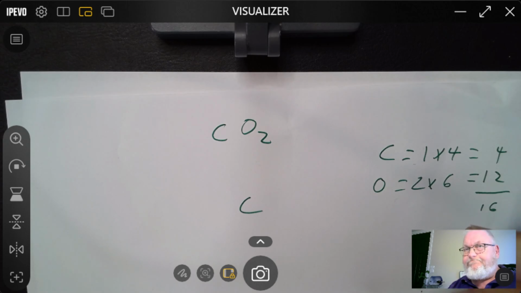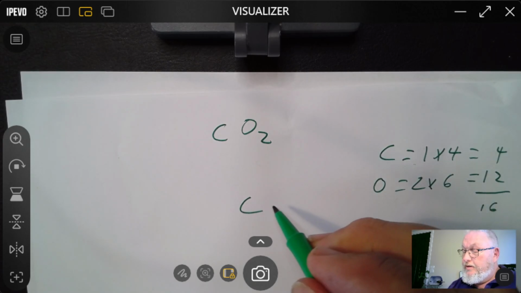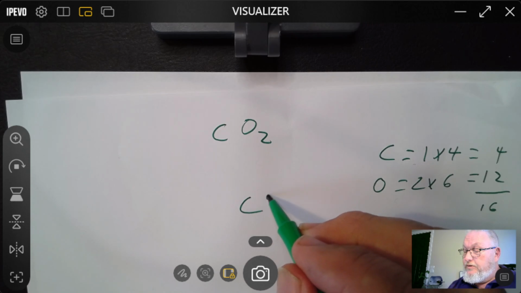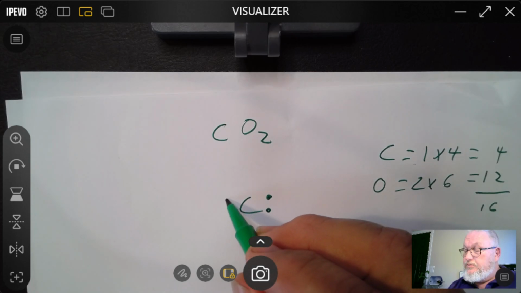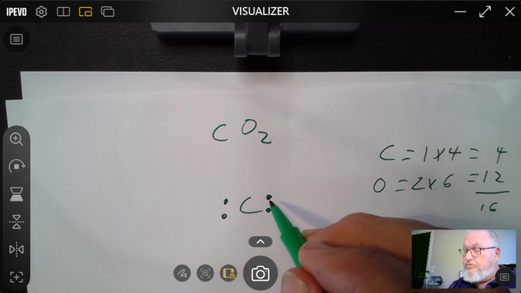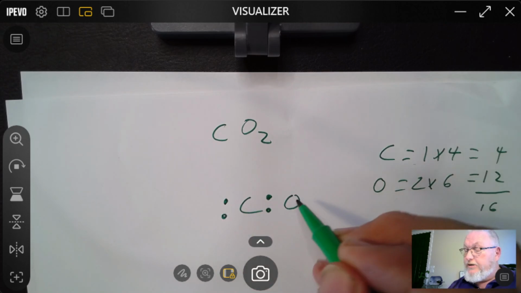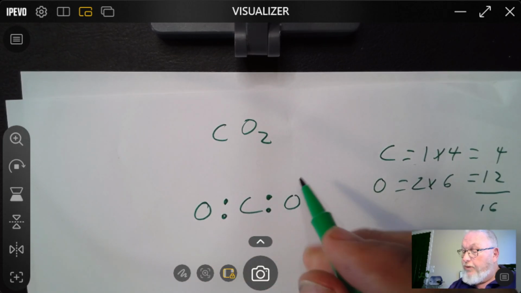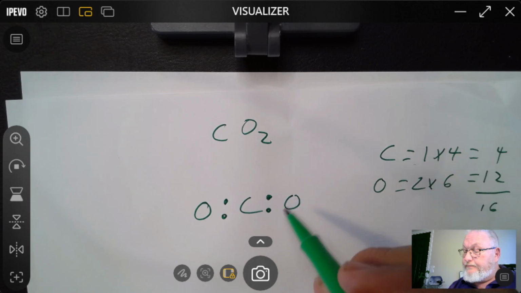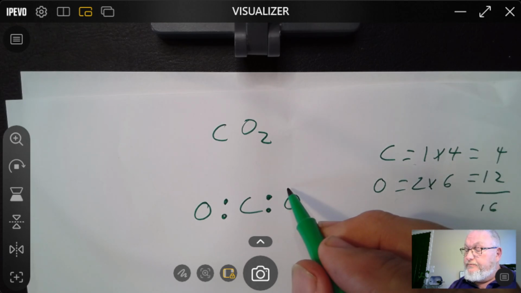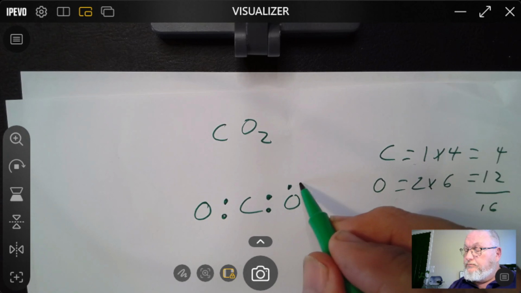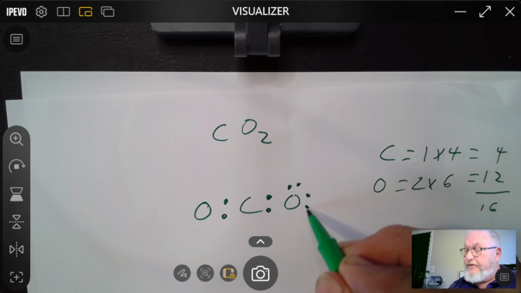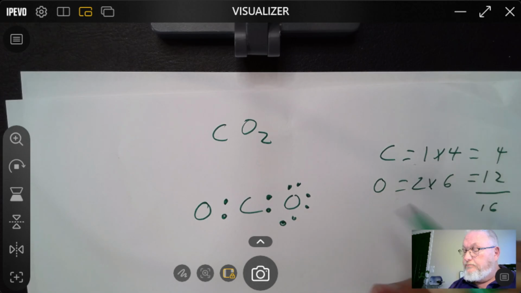Okay, so let's put our carbon there and our oxygens. Now let's put an octet there. Let's see.